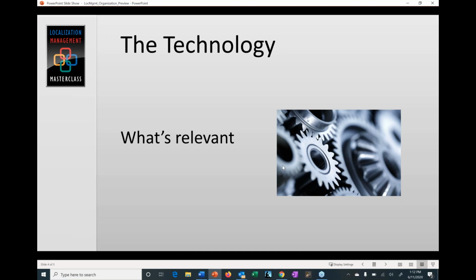And the other thing to think about, very importantly these days, is automation.